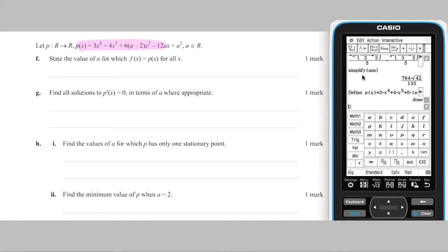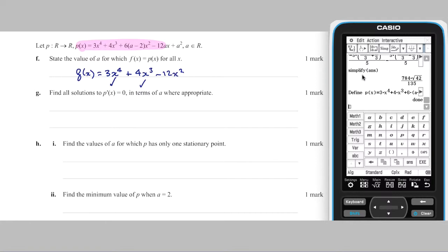Part F asks us to consider when p of x is equal to f of x. To do so, it's probably worth remembering what f of x is equal to. Looking at the expressions for f of x and p of x, we can see that they have the first term and second terms equal.